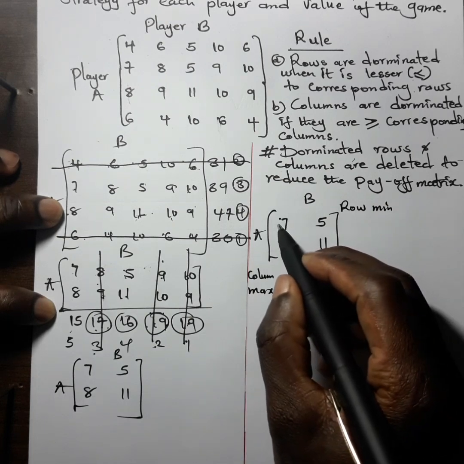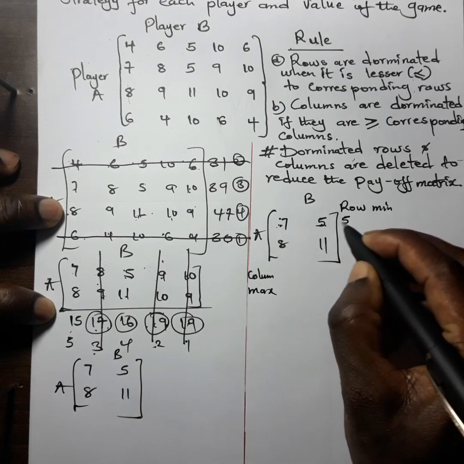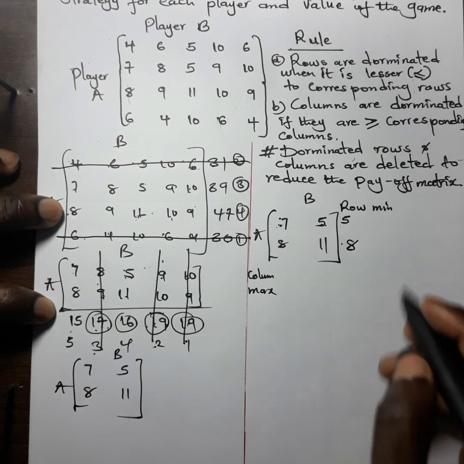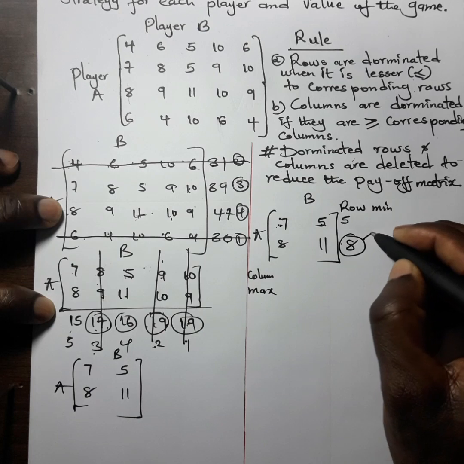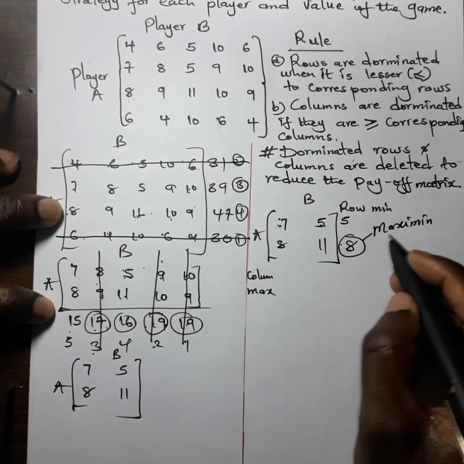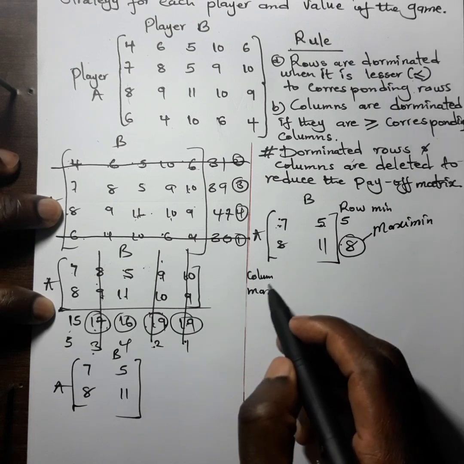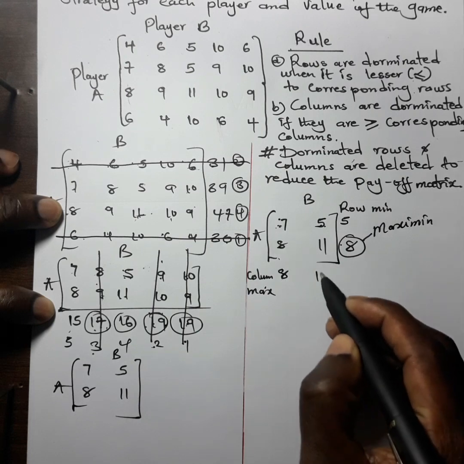So for the row minimum, the smallest value here is 5, the smallest value here is 8. Then you look for the greatest among the minimum, which becomes 8, the maximin. Maximin means the maximum of the minimum. Then you look for the maximum around this one. This one will be 8 and 11.